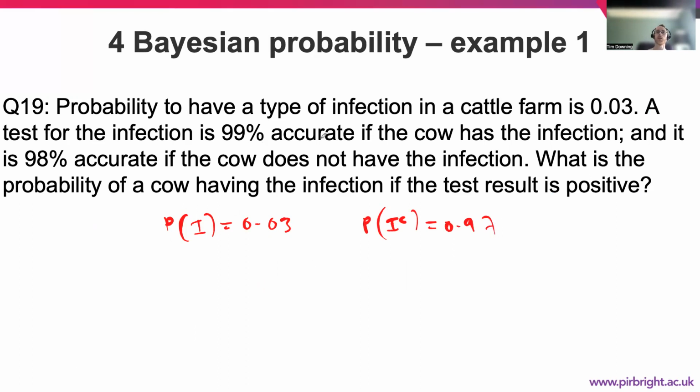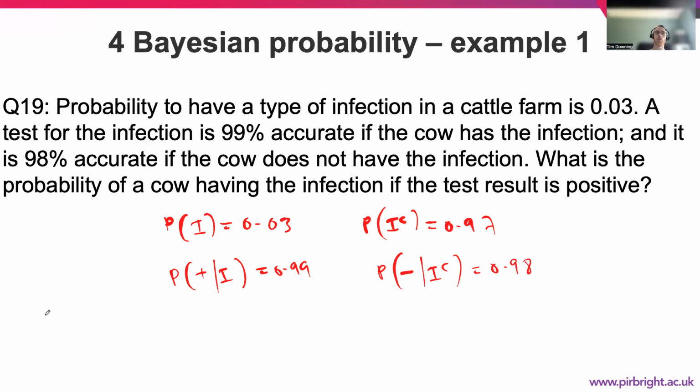The test for infection is 99% accurate if the cow has the infection, so the probability we test positive given that we have the infection is 0.99. The probability of negative if not infected is going to be 0.98. Then we can use these values to tackle the question.